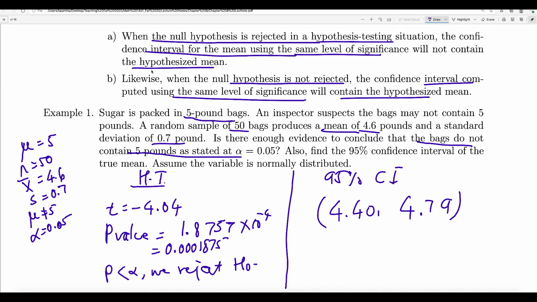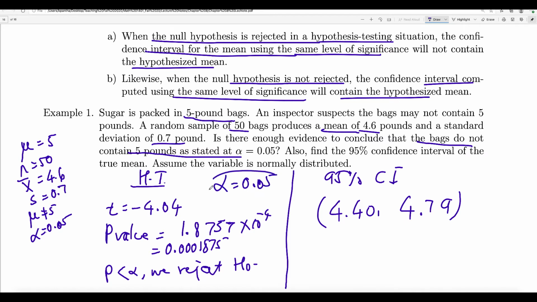Look at that. What does that say? When the null hypothesis is rejected, we rejected the null hypothesis here, right? When the null hypothesis is rejected in the hypothesis testing situation, the confidence interval for the mean using the same level of confidence. Look at that. Alpha equals 0.05, right?